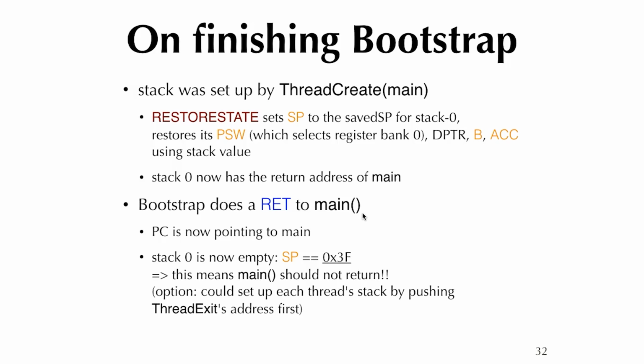Now this stack is pointed at 3F, right? Because 41, 40 get popped, so it's pointing at one below. So now, what does that mean? This means even though main looks like a function written in C, and in fact it is, it doesn't have any return address.